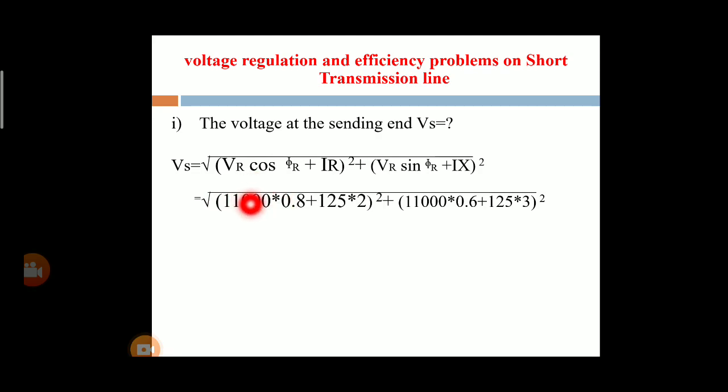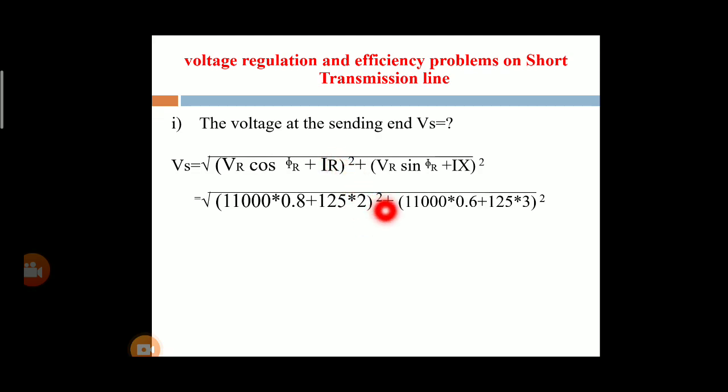So 11,000 into cos phi R, which is 0.8, and then I. We already calculated the load current I, that value is 125. And the R value, we already wrote it in the equivalent circuit diagram. The R value is 3 ohms.